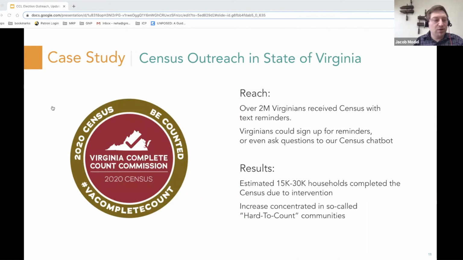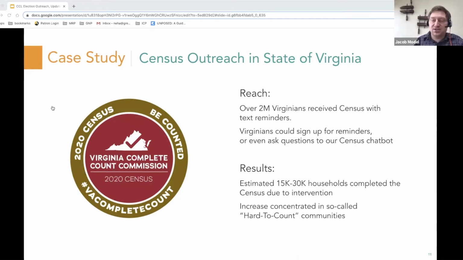And when we looked at the data, one of the nice things about census, kind of like voting, is the Census Bureau actually releases day-by-day data of the percentage of households in census tracts that have responded to the census on a given day.